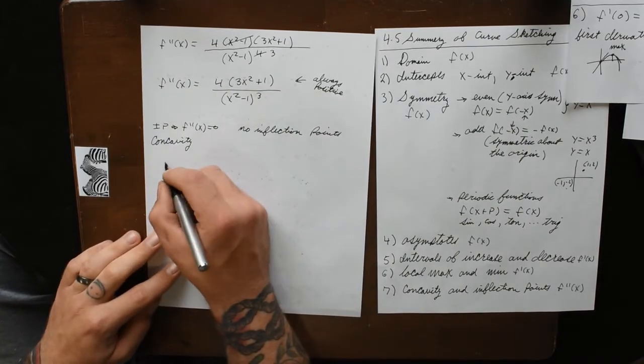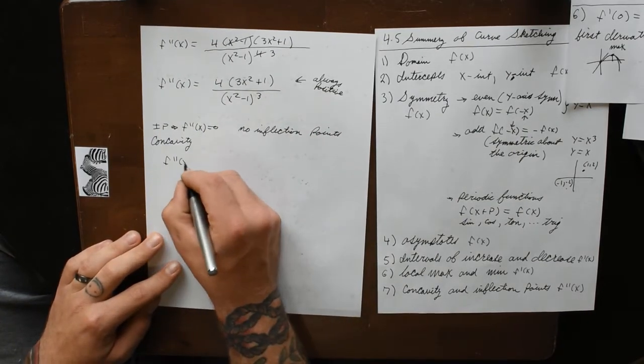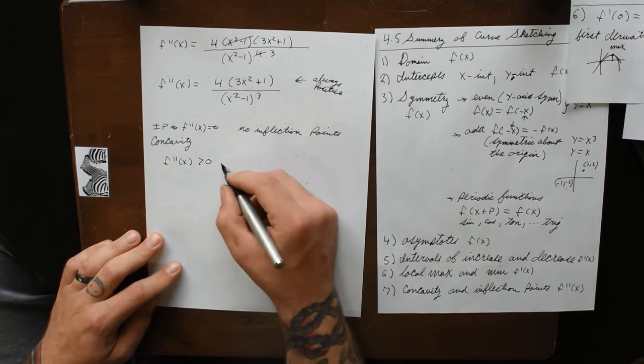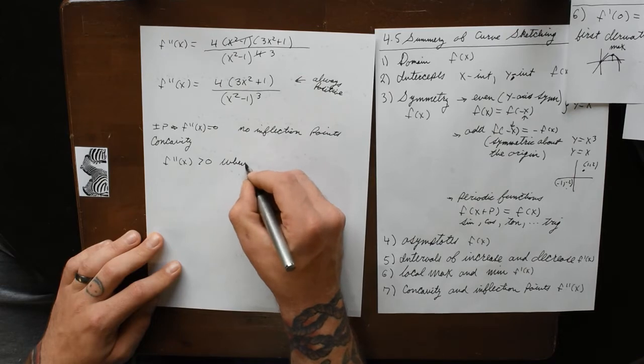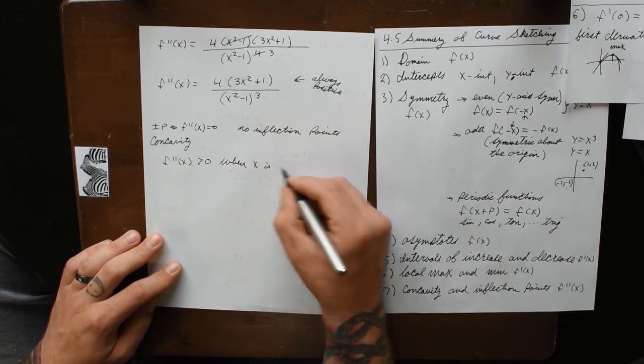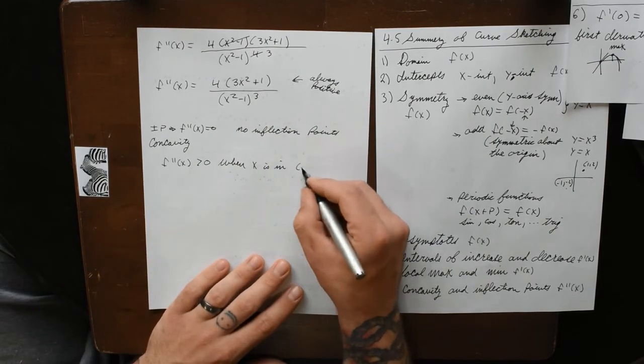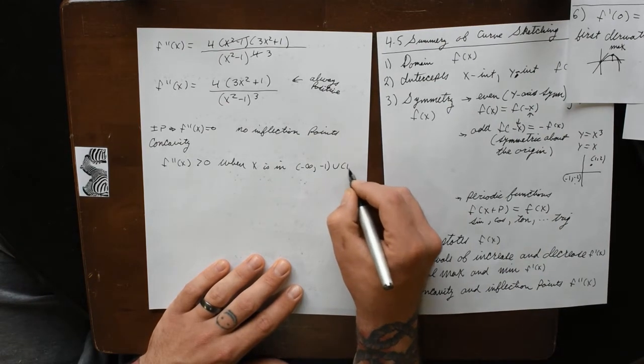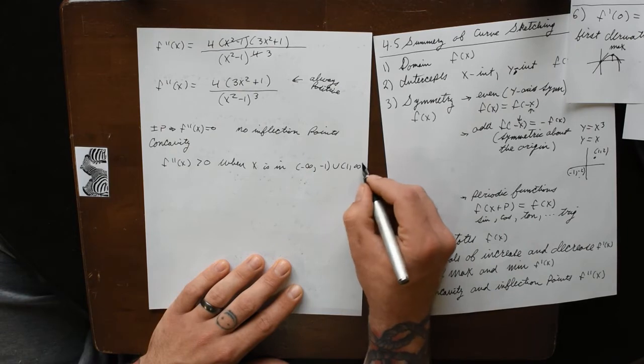So said differently, f double prime of x is going to be bigger than 0 when x is in -infinity to -1, union with 1 out to infinity.